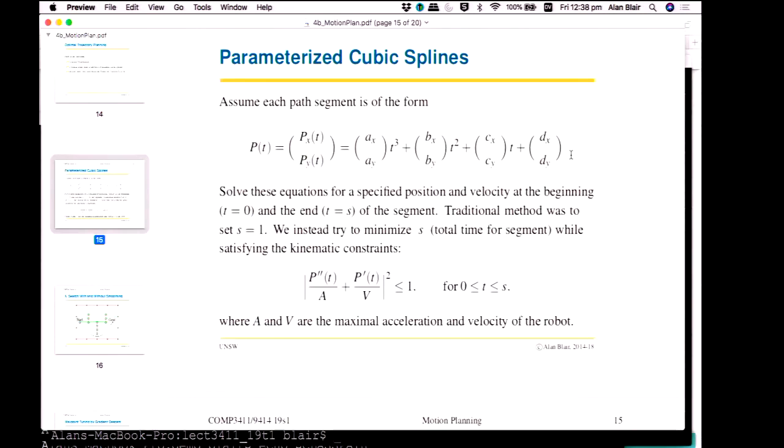So basically, it's a constrained optimization problem. You're trying to find those 8 numbers subject to these 4 equations, plus this constraint at the beginning and the end.